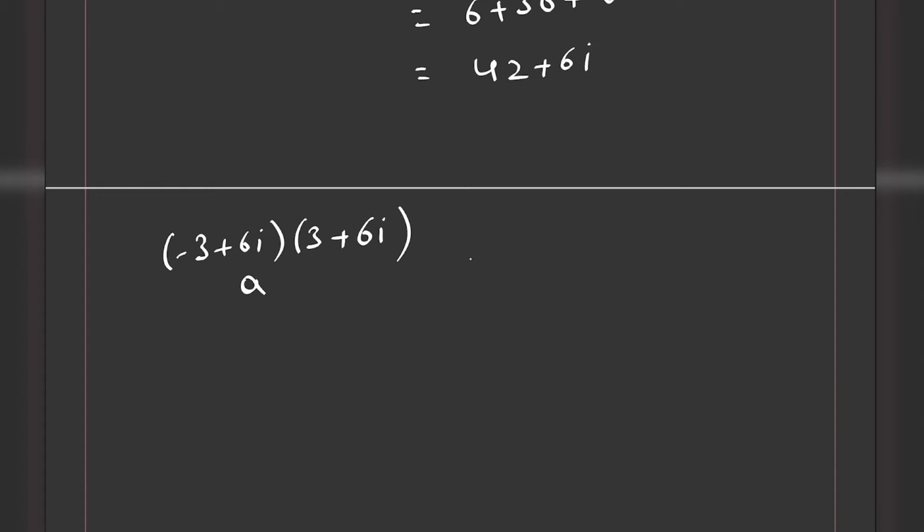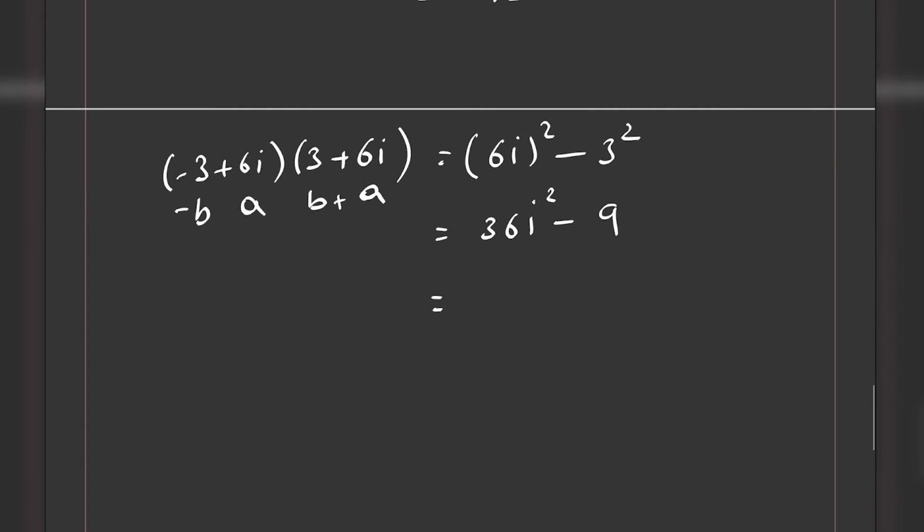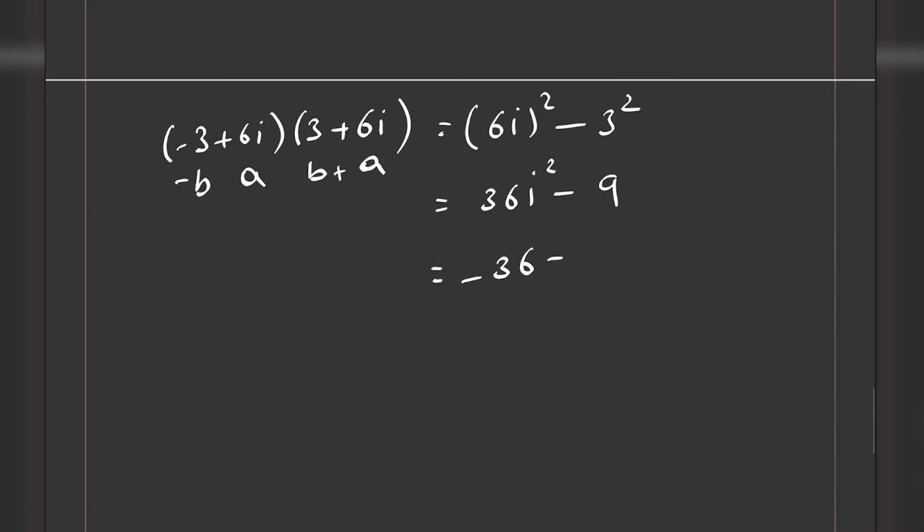So if I consider 6i to be my a and 3 to be my b, and minus 3 will be minus b, it is like a plus b times a minus b, which is a squared minus b squared. So it is going to be 6i whole squared minus 3 squared. So 6i squared is 36i squared, and minus 3 squared is minus 9. 36i squared is minus 36, minus 9. So it is minus 45.